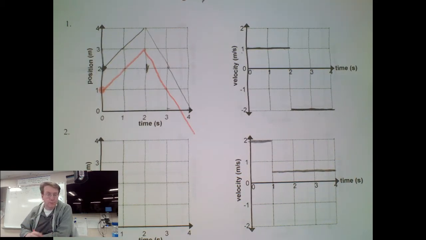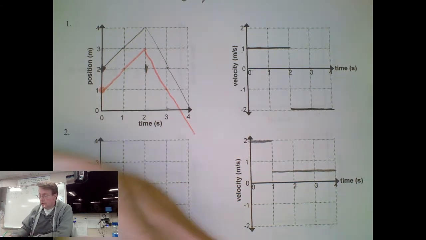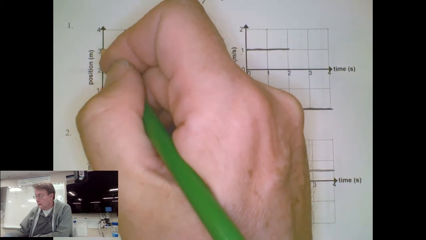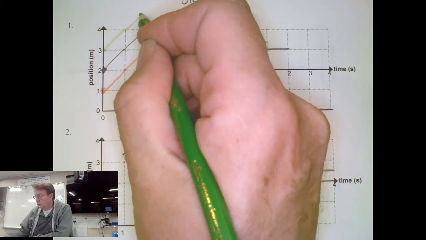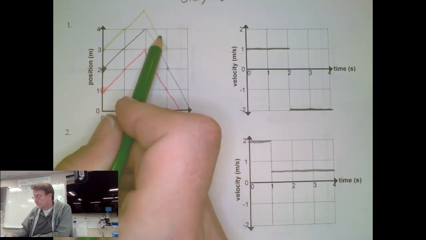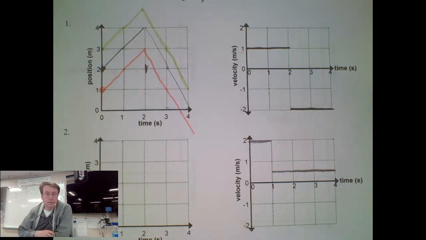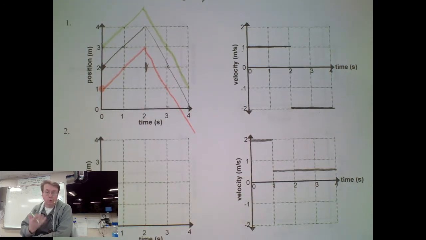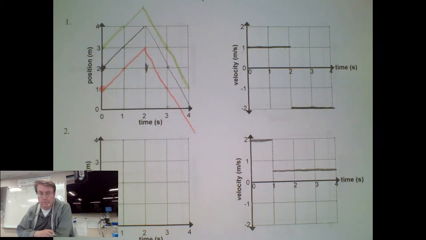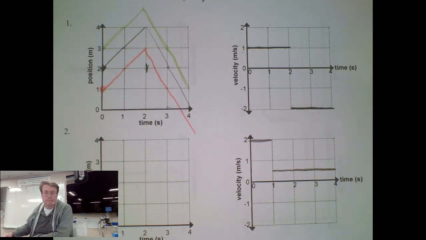And that would be just as valid. Or you could have started higher, go up 1 over 1, up 1 over 1, down 2 over 1, down 2 over 1. So any of those are okay. They are a valid position time graph for this velocity graph.